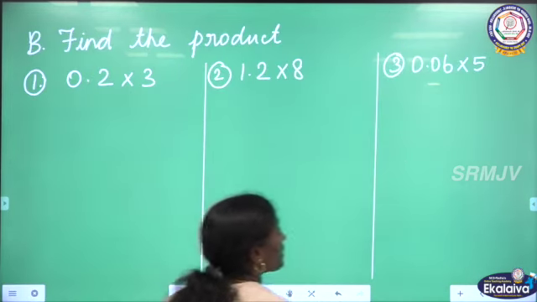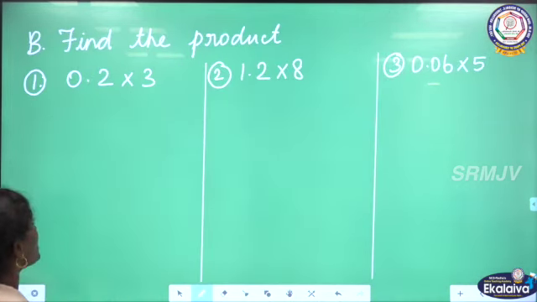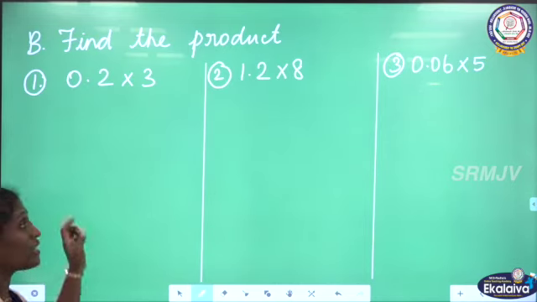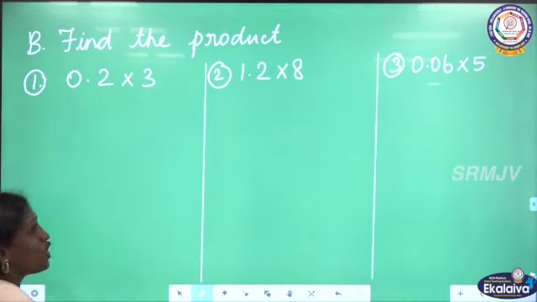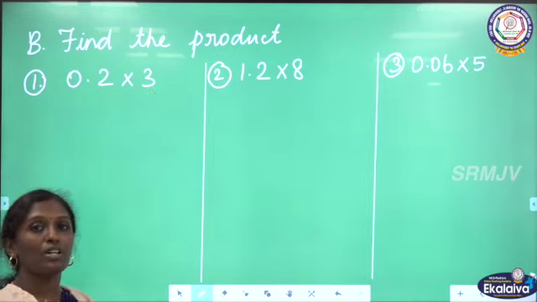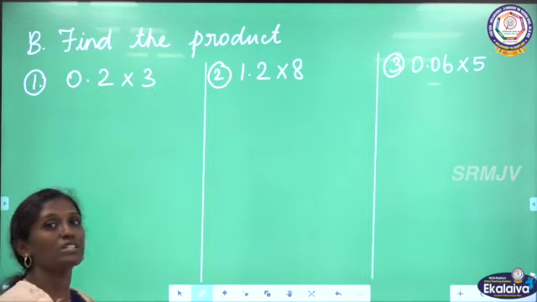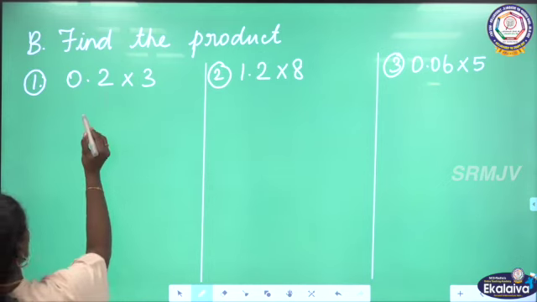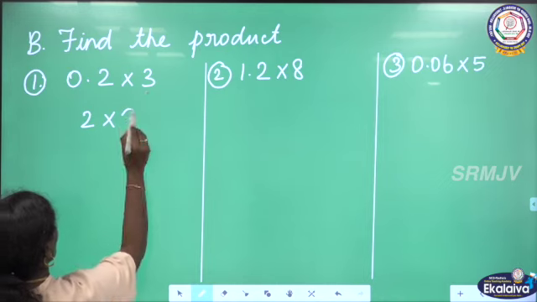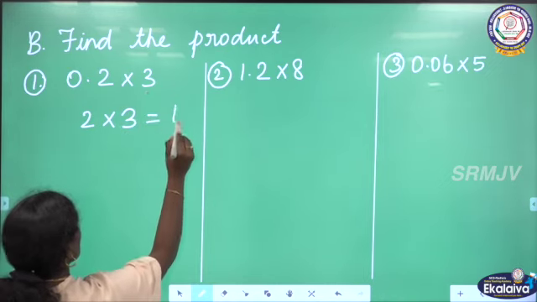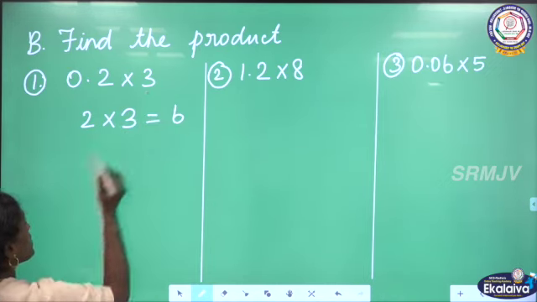Okay. The next question, find the product. We are going to multiply the decimal numbers. Here 0.2 and 3. While multiplying a decimal number, we have to consider the decimal numbers as a whole number. So, I am going to take 0.2 as 2 into 3. Here the answer is 6. 2 into 3, 6.